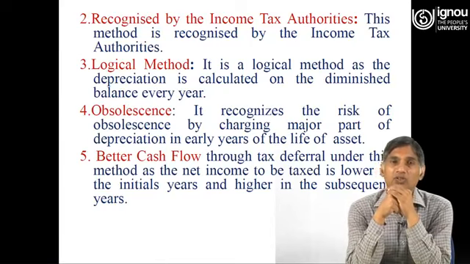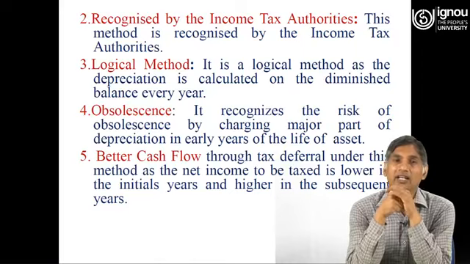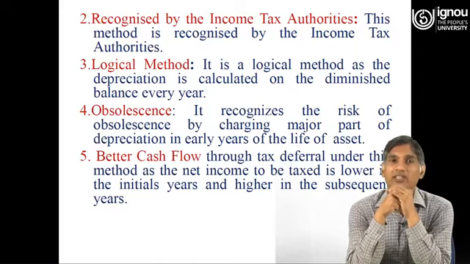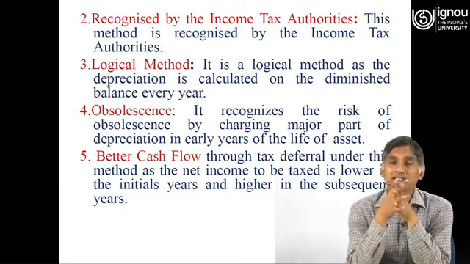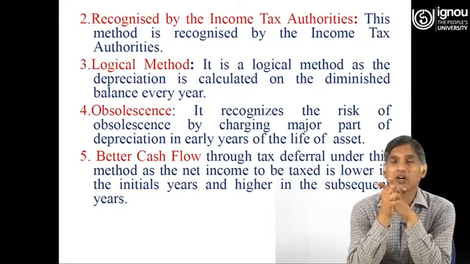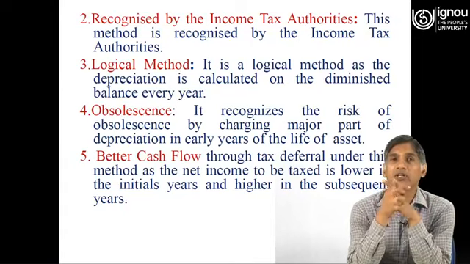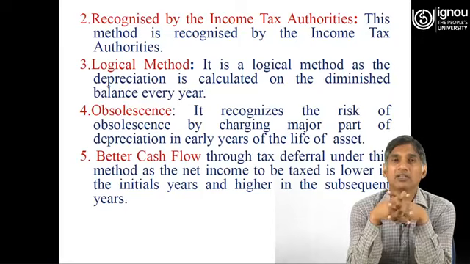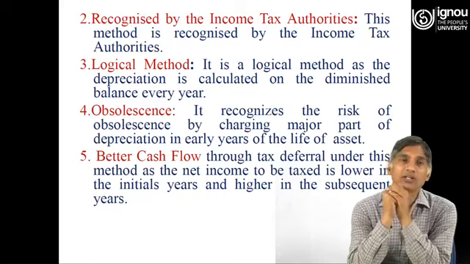Better cash flow through tax deferral under this method, as the net income to be taxed is lower in the initial years. Yes, when the amount of depreciation charged to the profit and loss account in the initial years is more, then of course it will impact the revenue of that particular business enterprise more, and ultimately the amount of tax liability will be less.